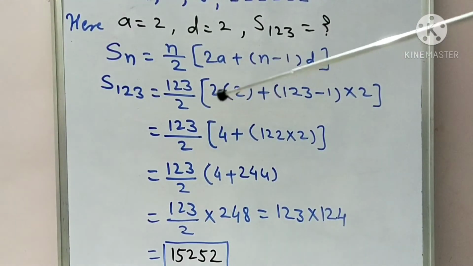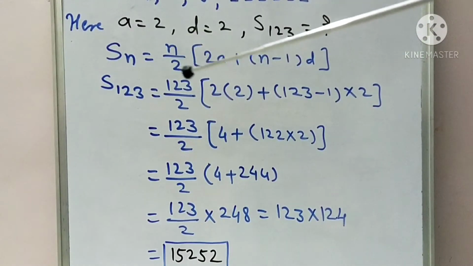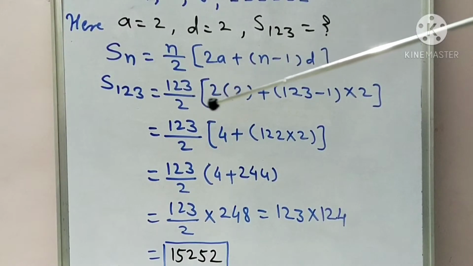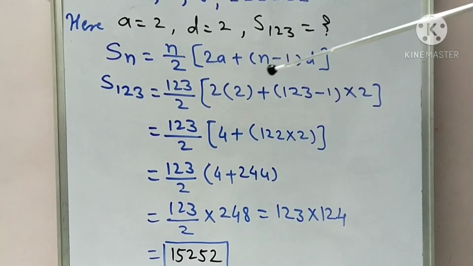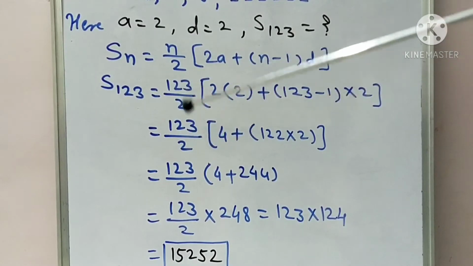So here as we simplify it, n is 123 upon 2 in bracket 2 into the value of a, which is again 2, plus 123 minus 1, as n minus 1, into d, which is 2. So 123 upon 2 we write down as it is.